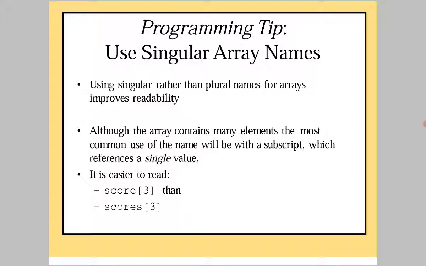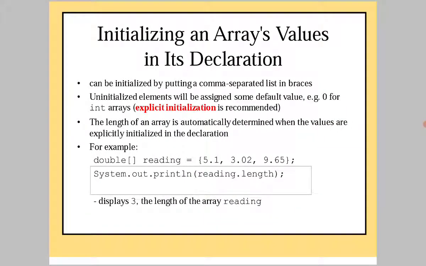For example, for single dimensional arrays, int a of 10 or int a of 5. The values are stored in continuous memory locations. For example, assume the first value is stored at 1001, then the second value will be stored at 1002, the third at 1003, like that.